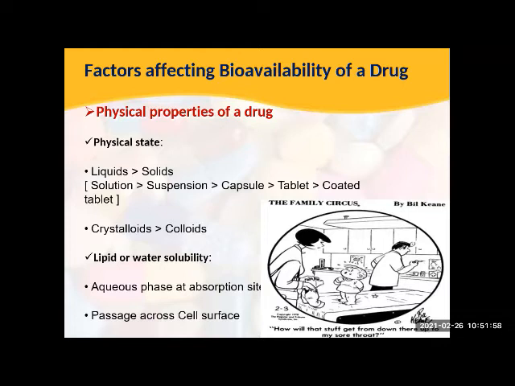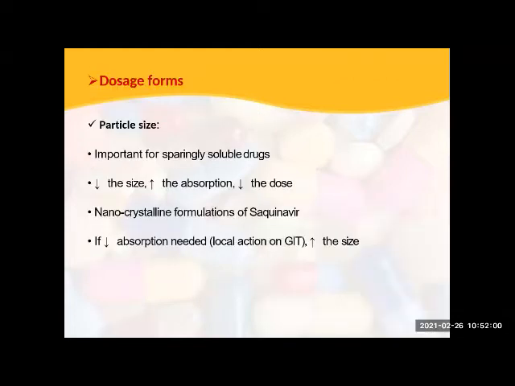Okay, the next is second factor, that is dosage forms. Okay, so in that first one, that is particle size. So it is important for the sparingly soluble drugs. So if we decrease the size of the particles, then the absorption increases and we have to decrease the dose of the drug in this condition.